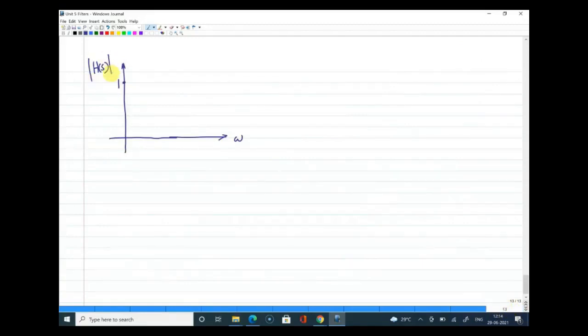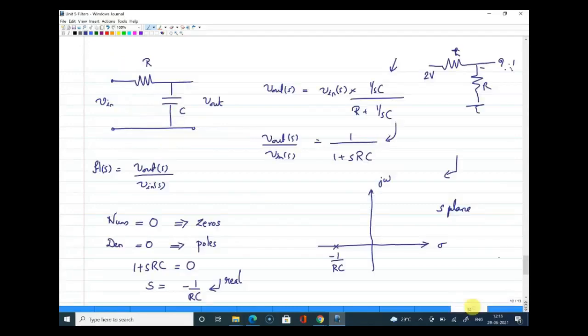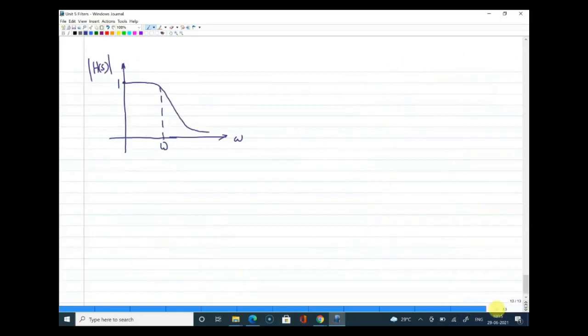As I keep on increasing the frequency, the magnitude will actually drop, right? Now the frequency where it starts dropping is what we marked as the pole frequency. Or just for now I'll mark it as omega p, right?